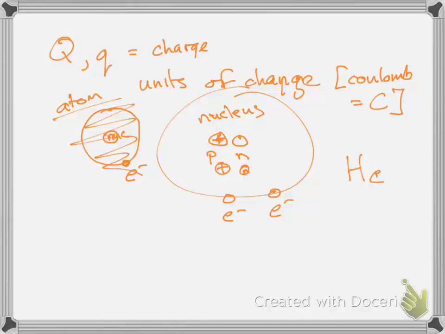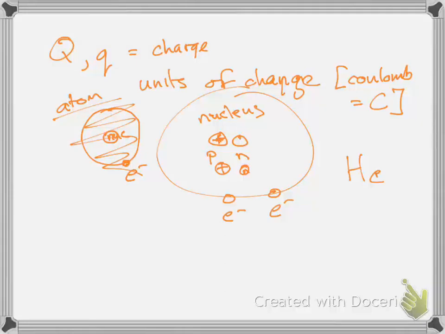So these protons and electrons are the fundamental units of charge. Fundamental means you can't get any smaller. Now that's a lie, but only a little bit of a lie, because these are the stable charges. You can actually break a proton up into quarks. I'm sure you've heard of quarks. You can break neutrons up into quarks, and quarks are charged particles.